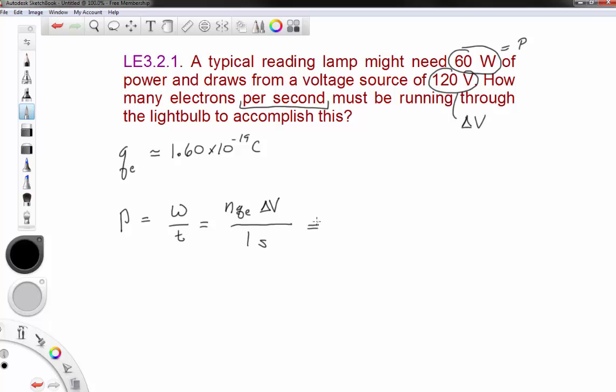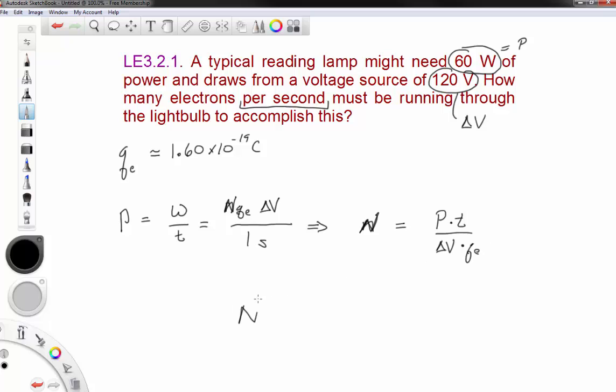So we can rearrange all of this to say that the number of electrons used, I probably should use a capital N to be consistent with my other notes, is the power times the time divided by the potential drop times the charge of an electron.